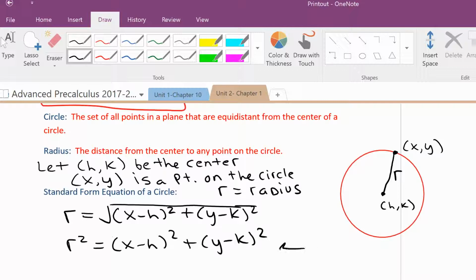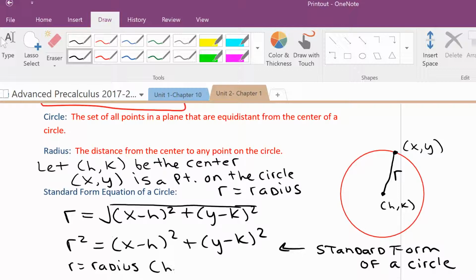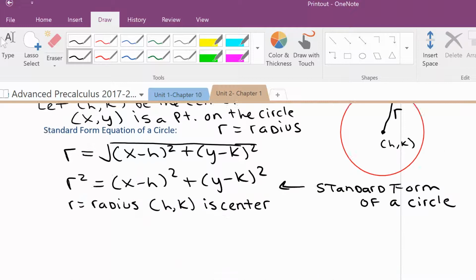And this is the standard form of a circle, where r is equal to the radius and hk is the center. So that's how you get the equation of a circle.